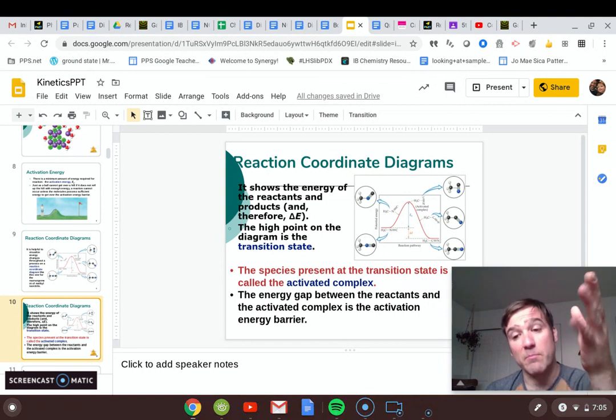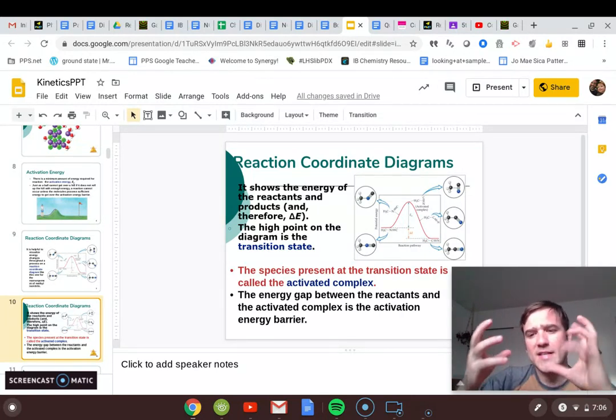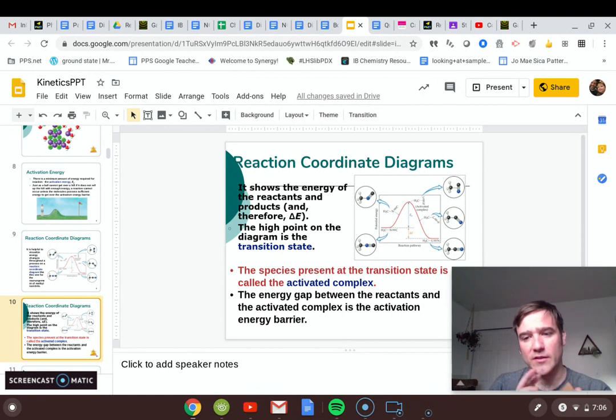Transition state is just the point on the graph, whereas activated complex is the substance that appears at that point on the graph. So with this diagram, we can tell lots of really interesting things like the change in energy of the reaction, but also the activation energy barrier that's needed. And lastly, what kinds of things are happening during the course of this collision.